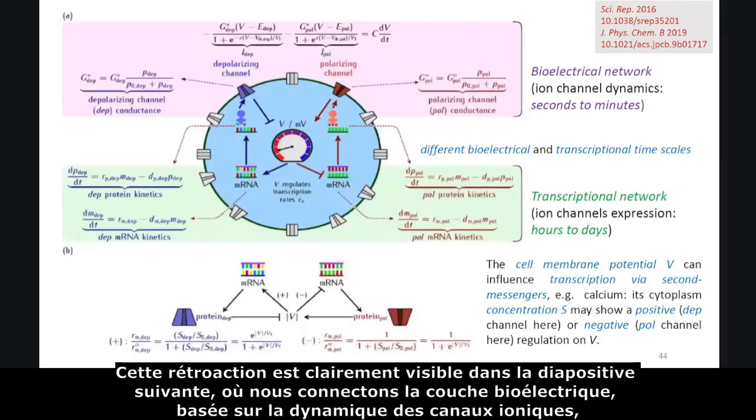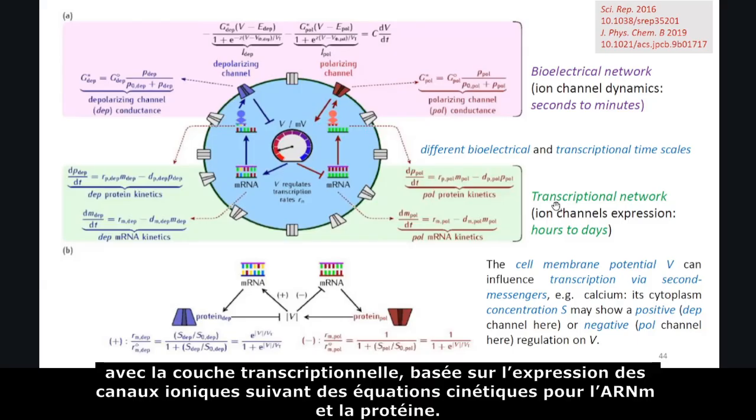So this feedback is clearly seen in the next slide, where we have connected the bioelectrical layer, which is based on the ion channel dynamics, with the transcriptional layer, which is based on the ion channel expression following kinetic rate equations for the mRNA and for the protein.